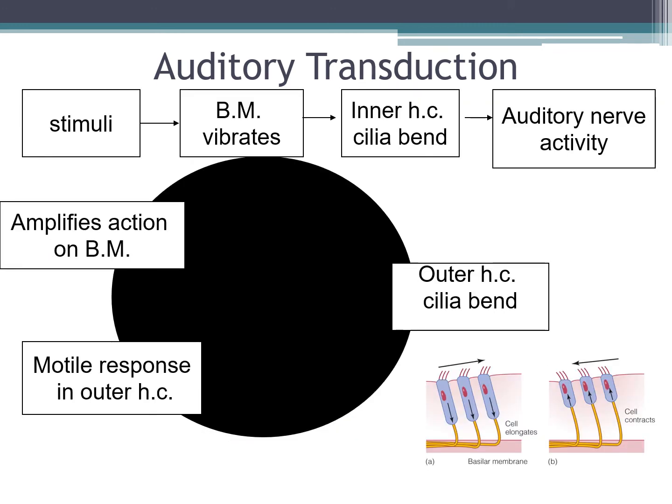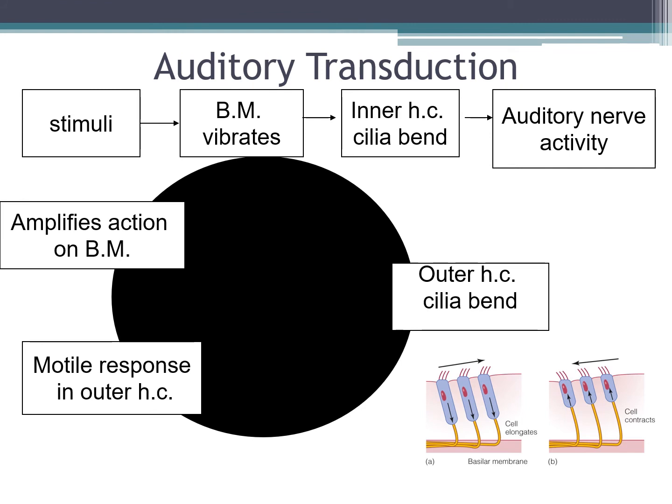Okay, so I'm coming back to the outer hair cells, which, as I said before, are not doing the transduction. Those are the inner hair cells, and the outer hair cells are having this motile response on the basilar membrane, which is causing the basilar membrane to vibrate more, or to go up and down more at certain places depending on the frequency of the sound we're listening to.